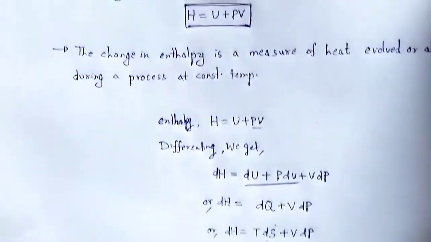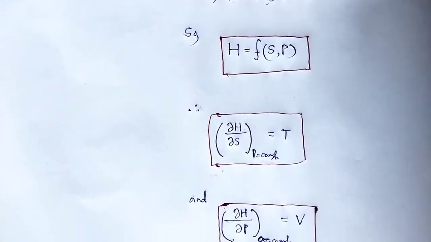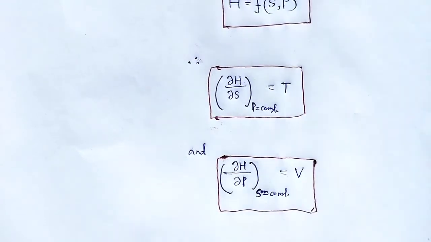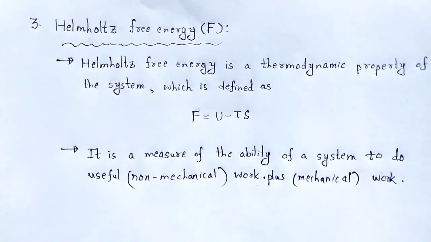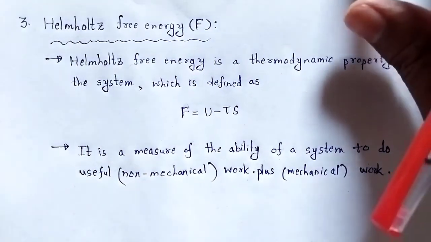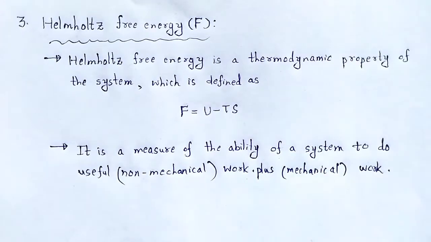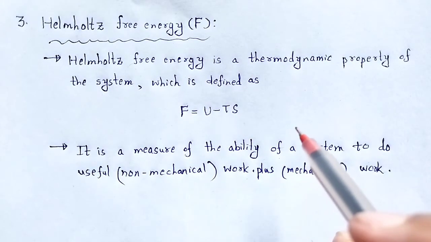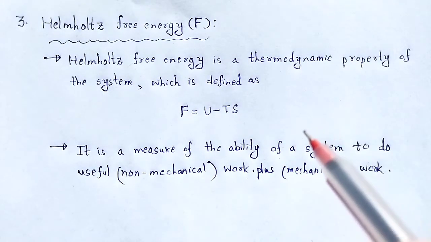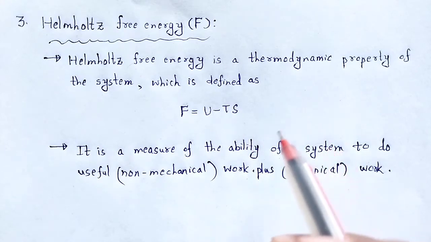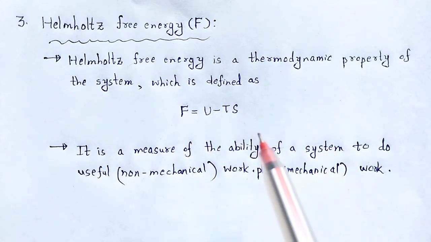Next, another thermodynamic potential, Helmholtz free energy, which is denoted by F. Helmholtz free energy is the thermodynamic property of the system and is defined as F is equal to U minus TS.